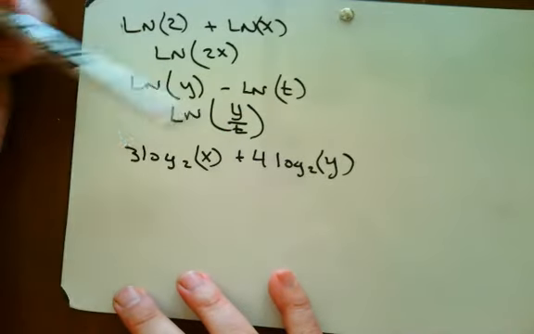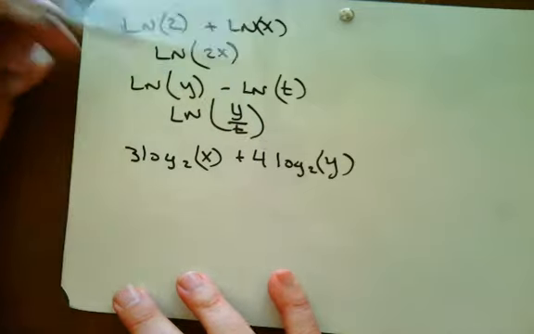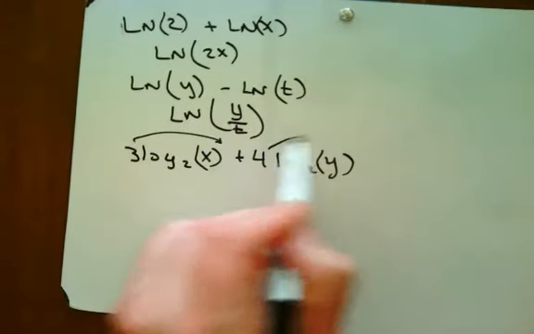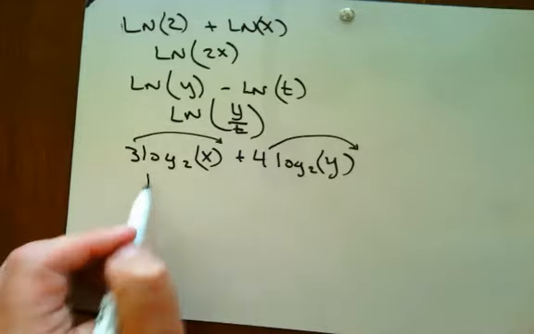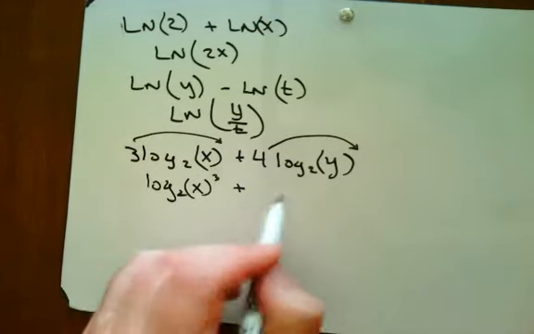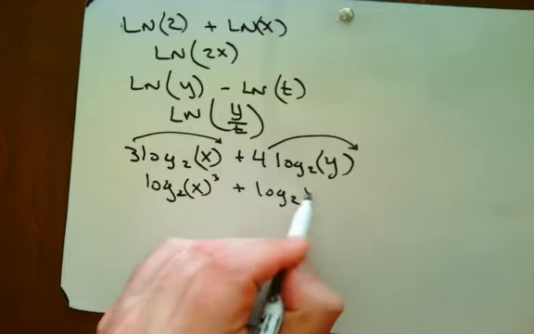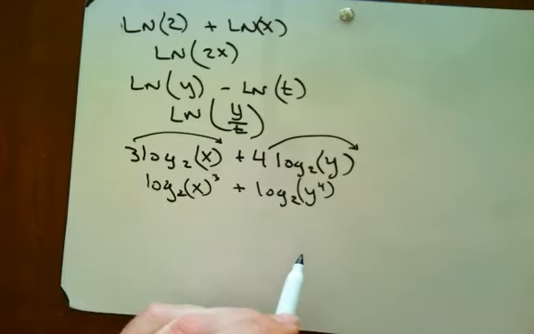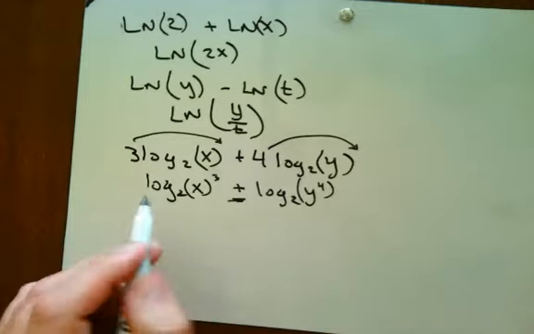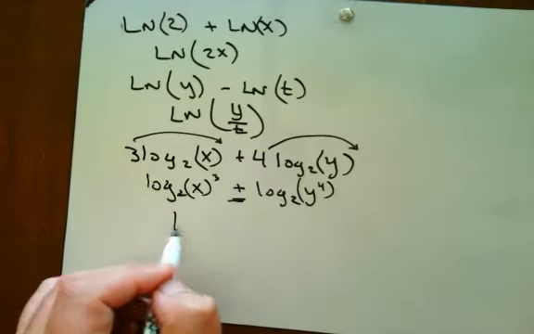So what can you do with 3 log base 2 of x plus 4 log base 2 of y? Do you see anything you can do there? Well, before we do this product rule, we have to take care of these powers.